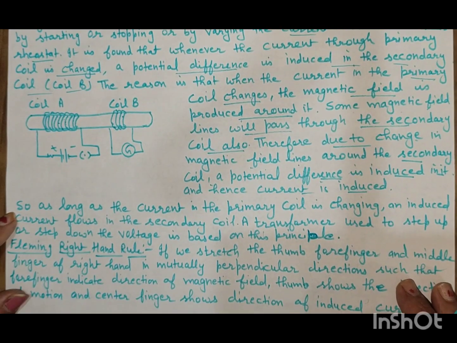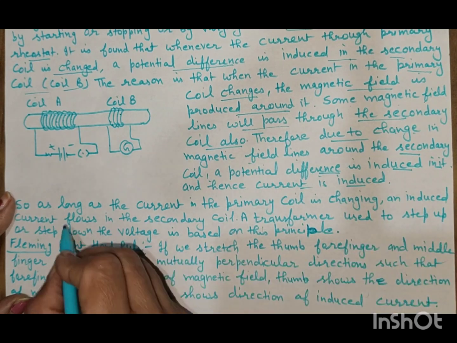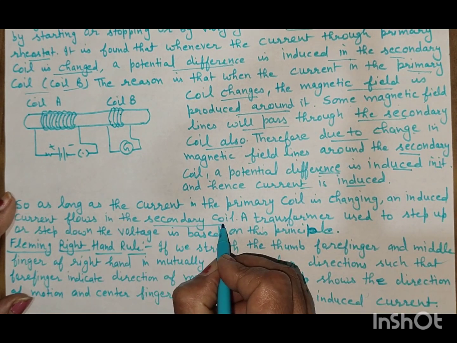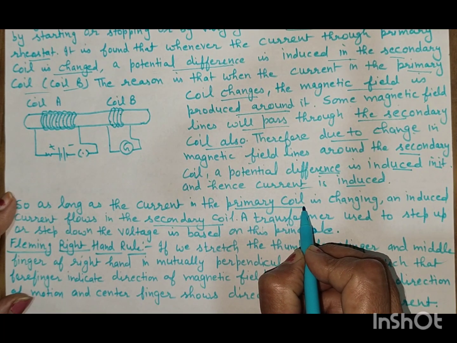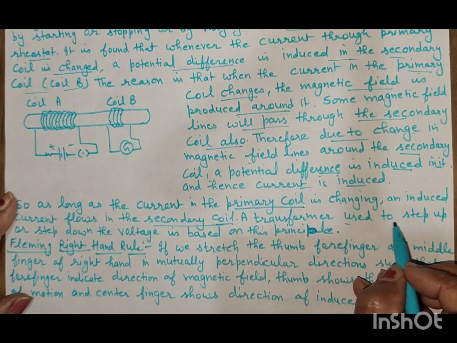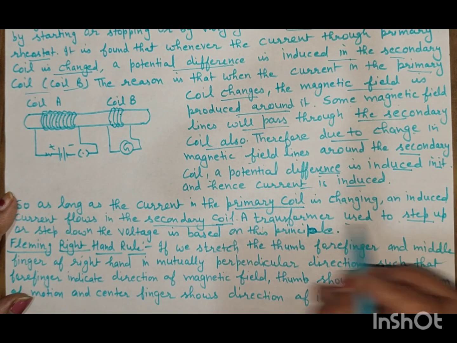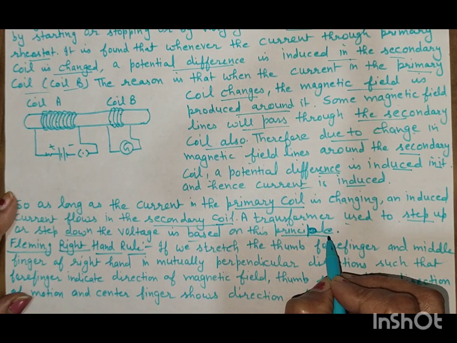As long as the current in the primary coil is changing, an induced current flows through the secondary coil. A transformer used to step up or step down the voltage is based on this principle.